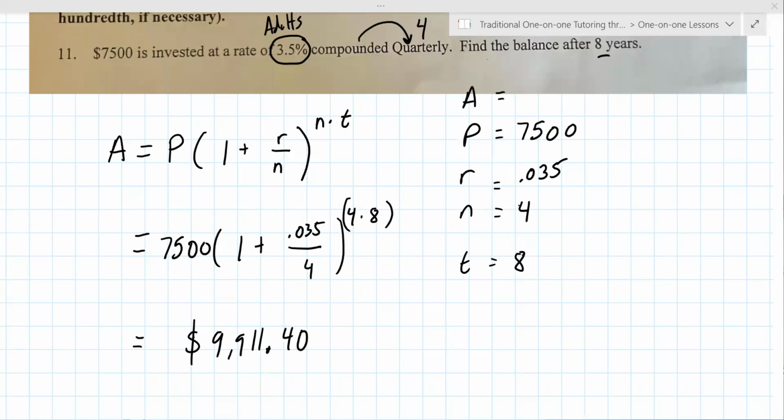All right, 12. So 12 is exponential growth decay. All right. I think they want you to use something different in 12 than you have written. Do you know if your teacher said explicitly to use that?